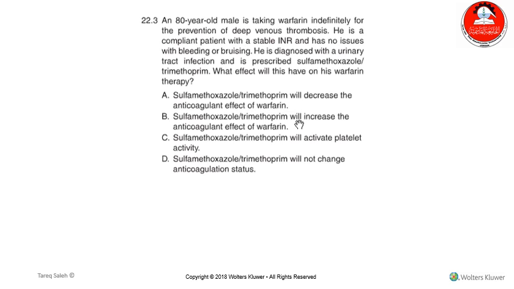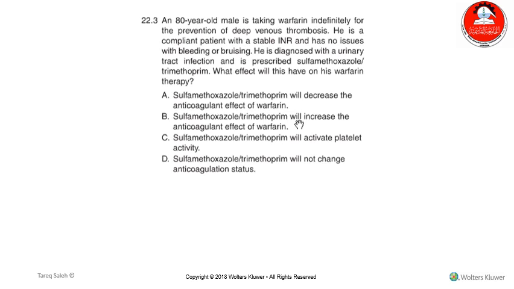So let's take a quick question on the pharmacokinetics of warfarin. In an 80-year-old male who's taking warfarin indefinitely for the prevention of deep venous thrombosis, the patient had a stable INR, which means that his treatment with warfarin was okay.